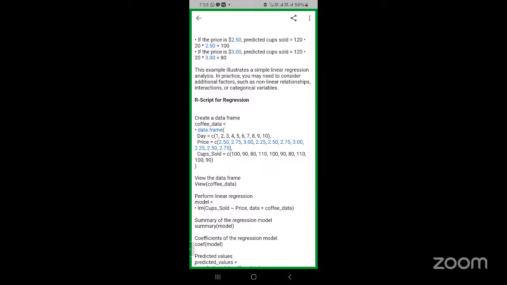Then you can check the data by using the view command. Then there is the model. Model is linear modeling. LM means linear modeling. Cups sold is your dependent variable. Tilde price. Price is your independent variable.